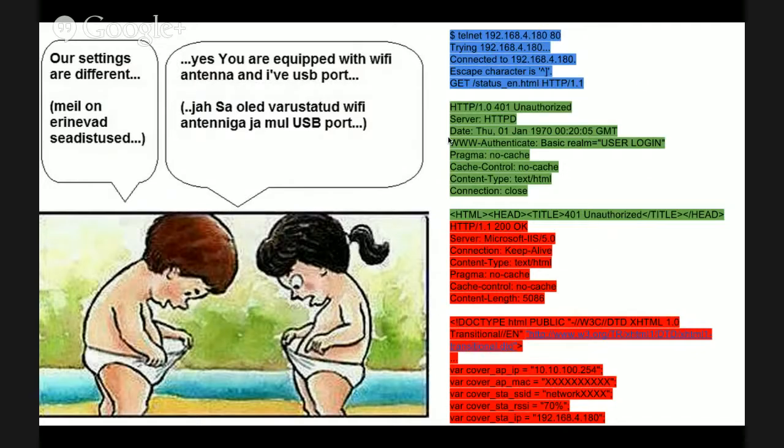So just about vulnerabilities. The first vulnerability which I must talk about is a vulnerability in the embedded web server in one Chinese device, and this vulnerability is really, really easy to understand.